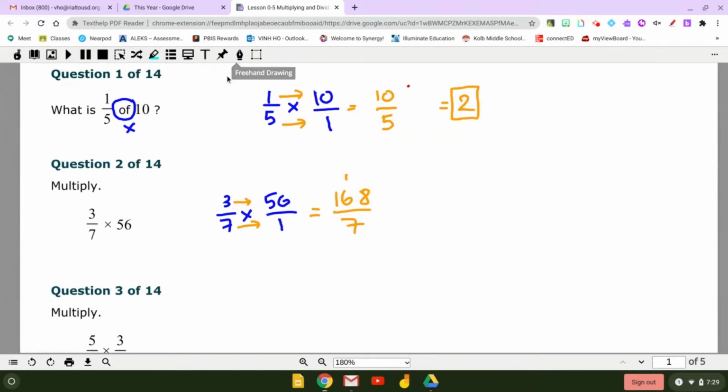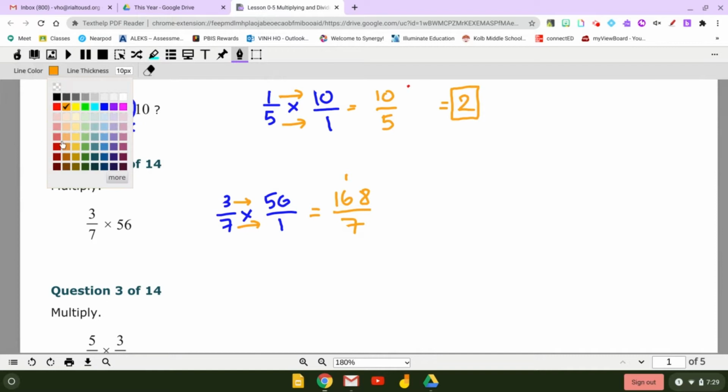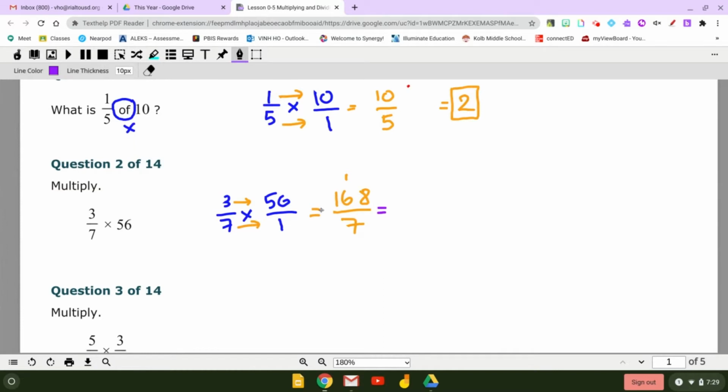All right, so then what we're going to do is divide them out. What is 168 divided by 7? So 16 divided by 7 is 2 times. 2 times 7 is 14, so left over is 2. 28 divided by 7 is 4. So the answer is 24.